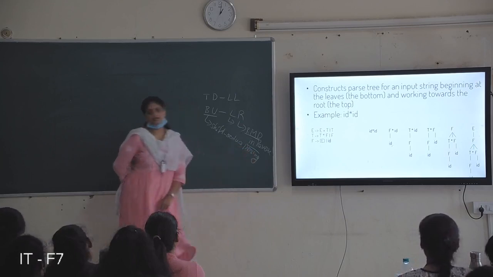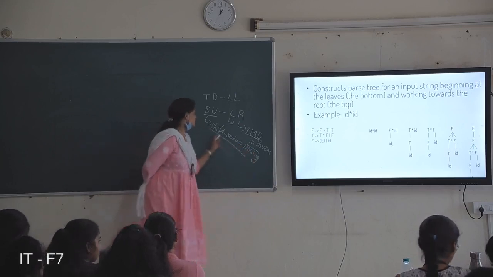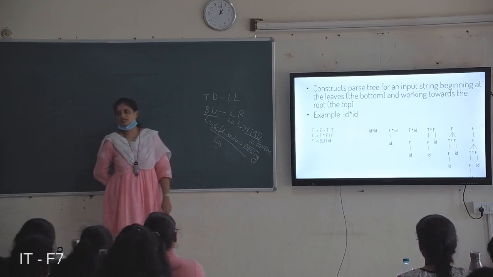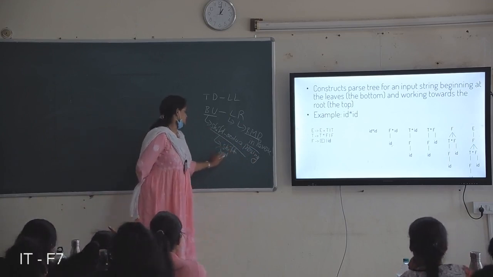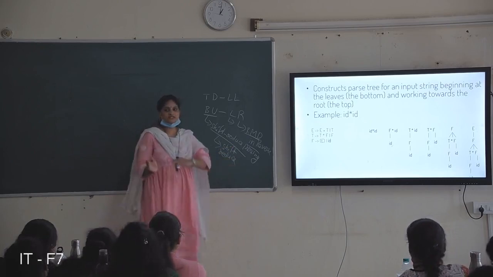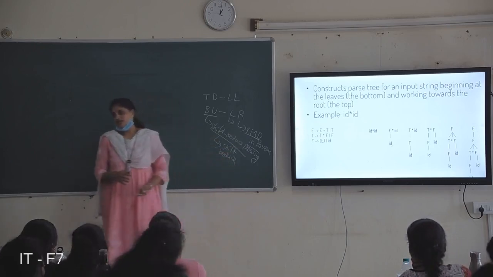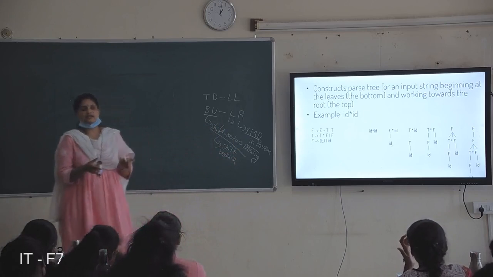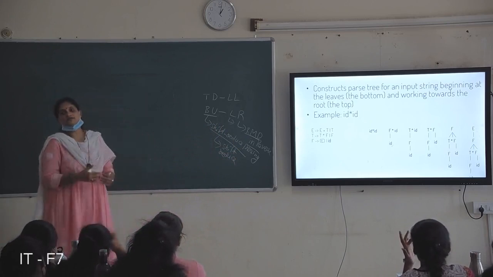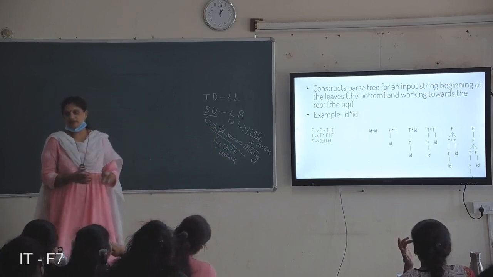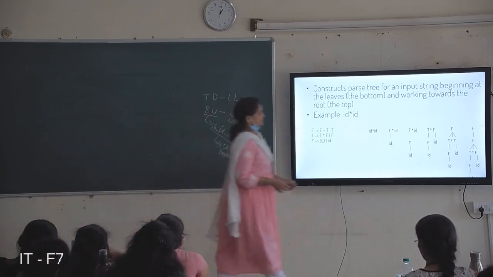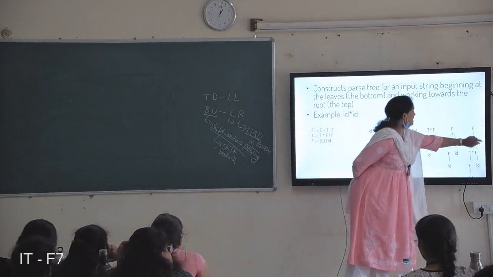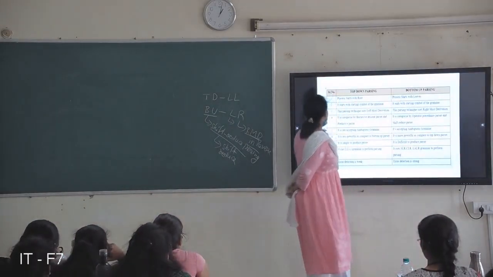The shift reduce parsing uses some actions or operations, that is shift and reduce. Shift means you shift the symbols onto the stack, and whenever you get a handle on the top of the stack, you reduce it to the rightmost symbol. That's why we are calling it shift reduce. Actually, to implement this, you use a stack and an input string.